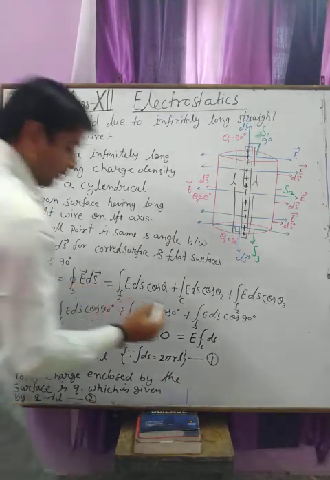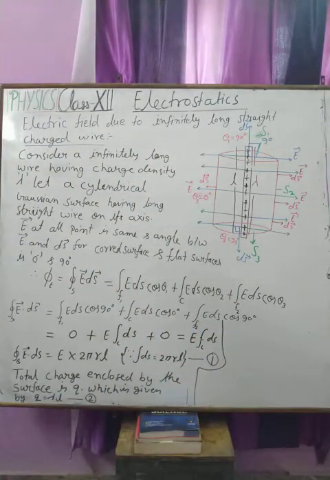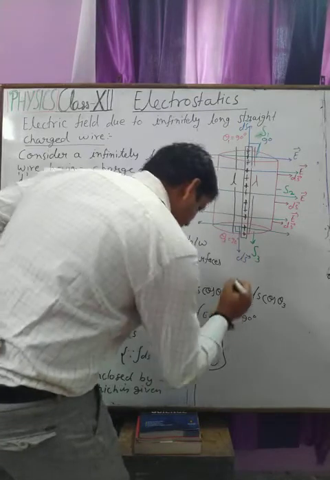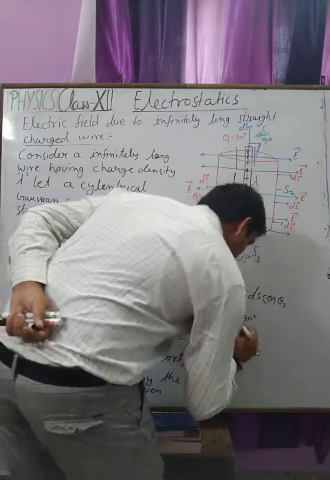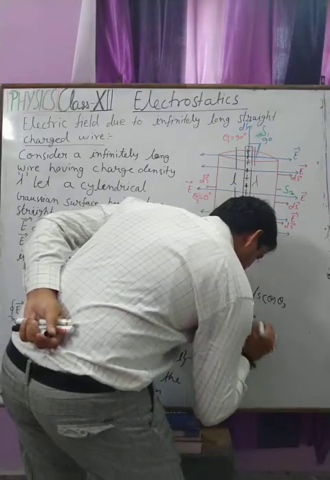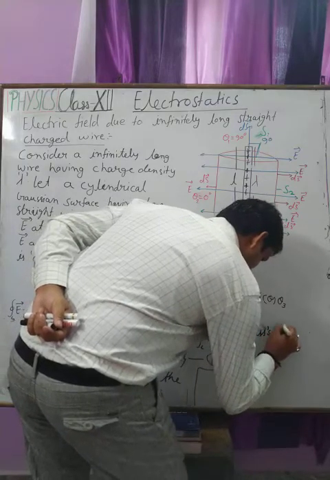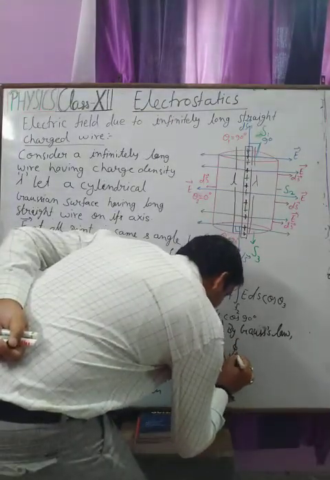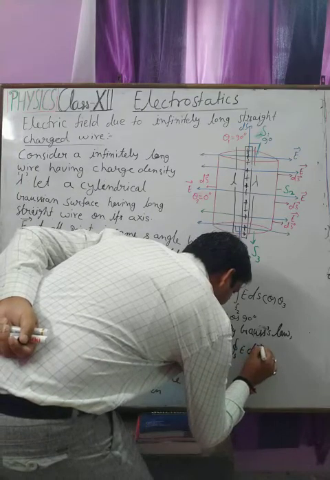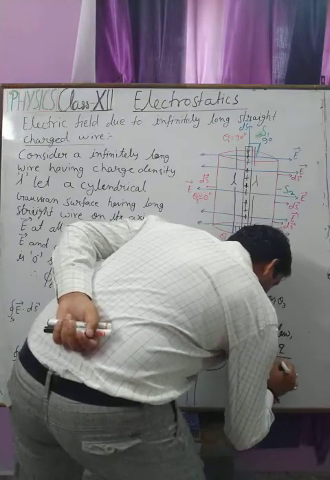Okay, now by Gauss's law, closed integral E ds is equal to Q upon epsilon naught.